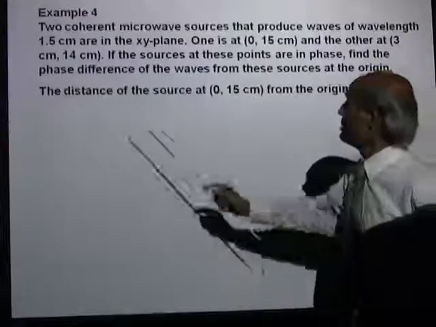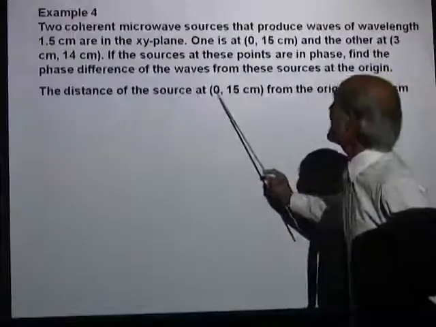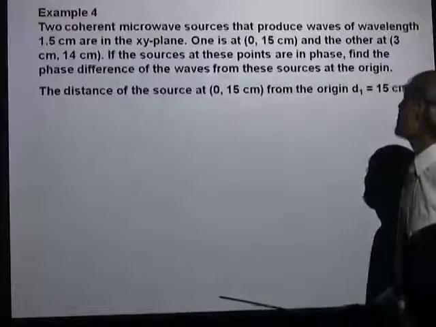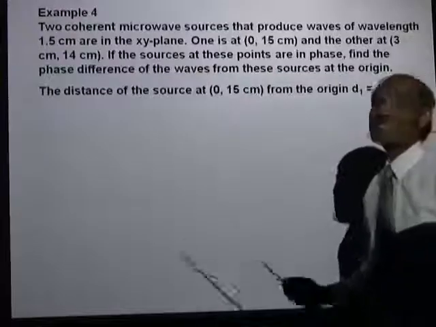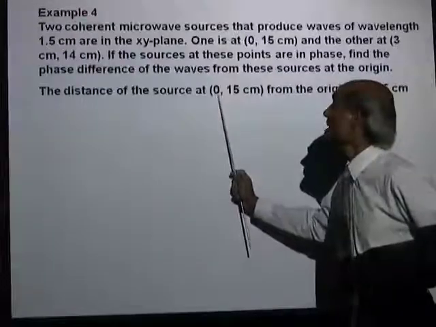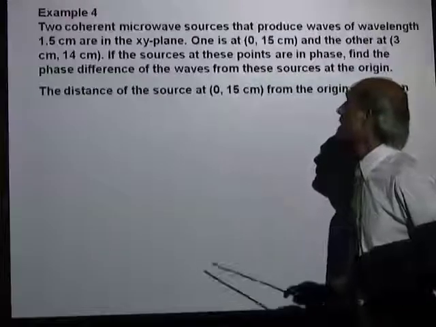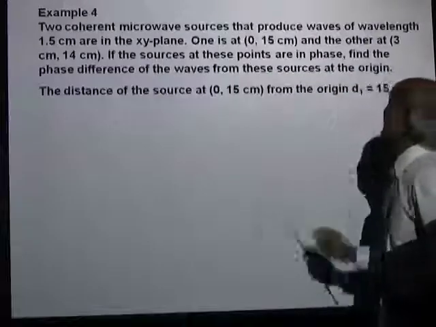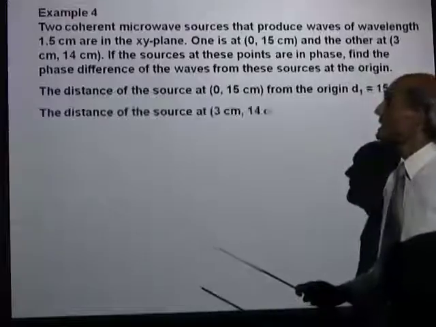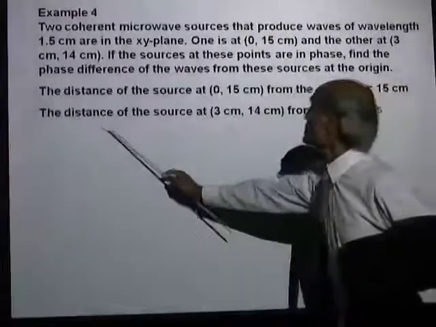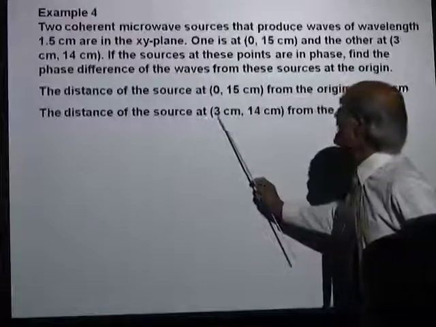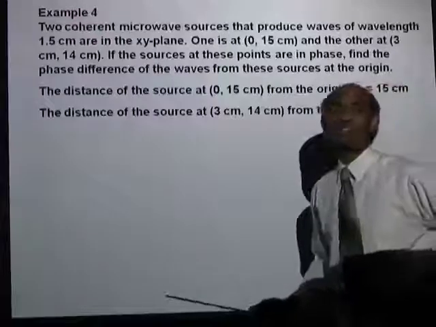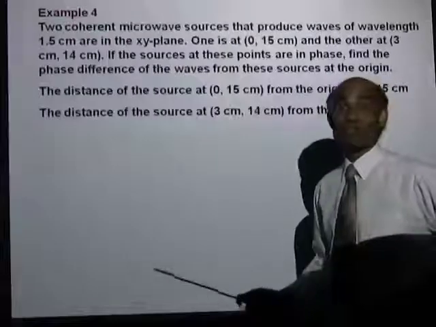Well, the distance of the source at (0, 15) from the origin is d1 equal to 15 centimeter, because this is placed at x equal to 0, y equal to 15. That means the distance of that from the origin is 15 centimeter. It needs no explanation. The distance of the source placed at x equal to 3, y equal to 14, what is the distance of that source from the origin?